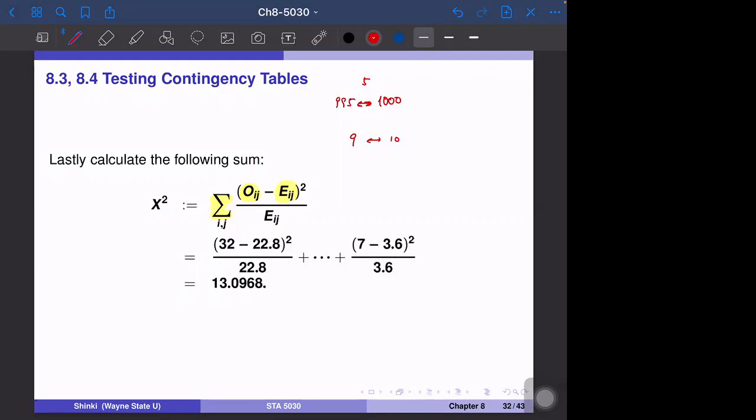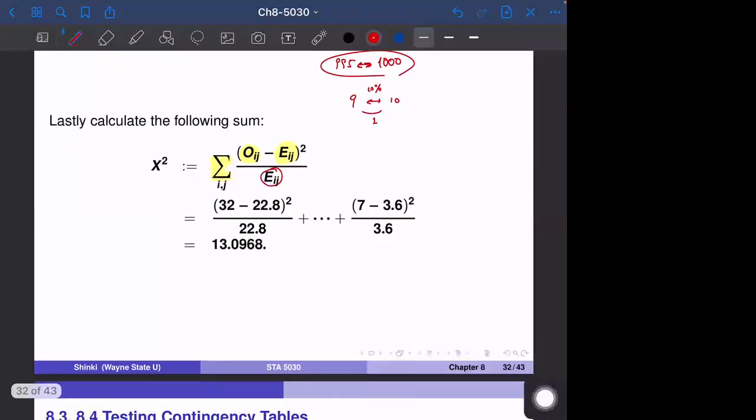For smaller numbers, even with a 10% difference, we only have a difference of 1. So we have to normalize, standardize it in some way, and we divide by E sub ij. Basically, this comes from the central limit theorem: the variance is proportional to the reciprocal of the sample size, so we divide by basically the expected sample size.